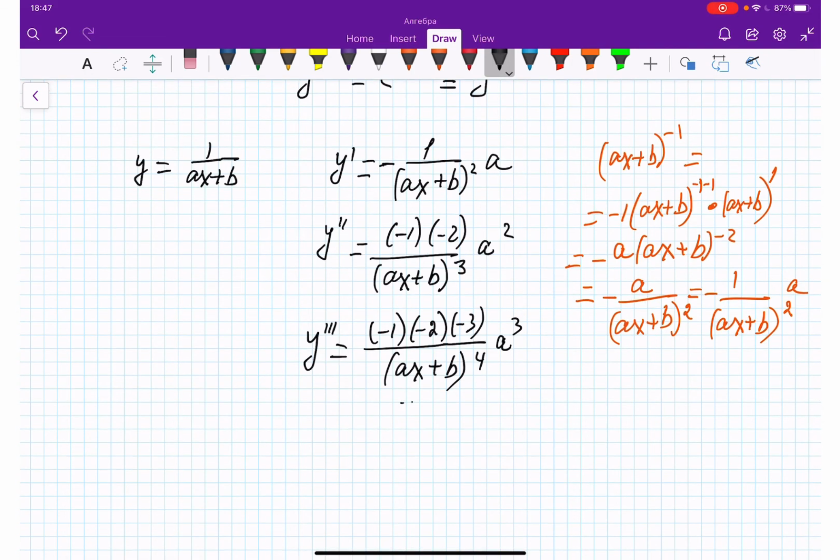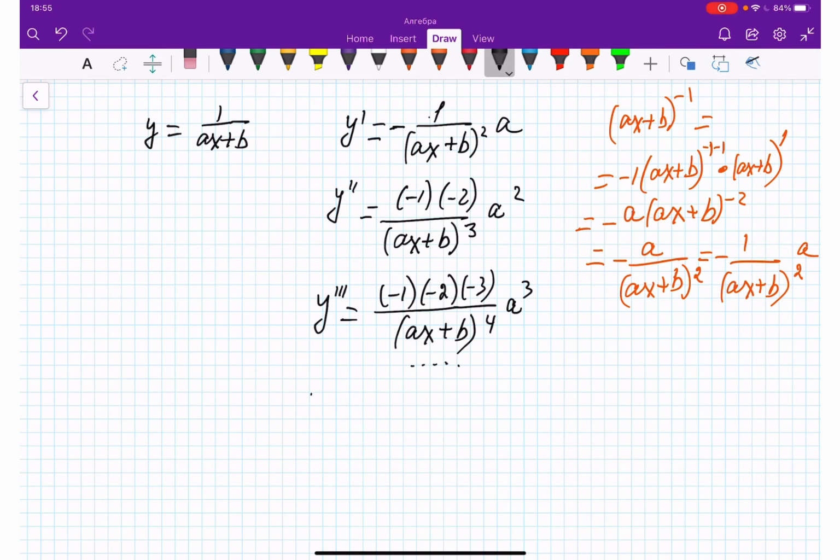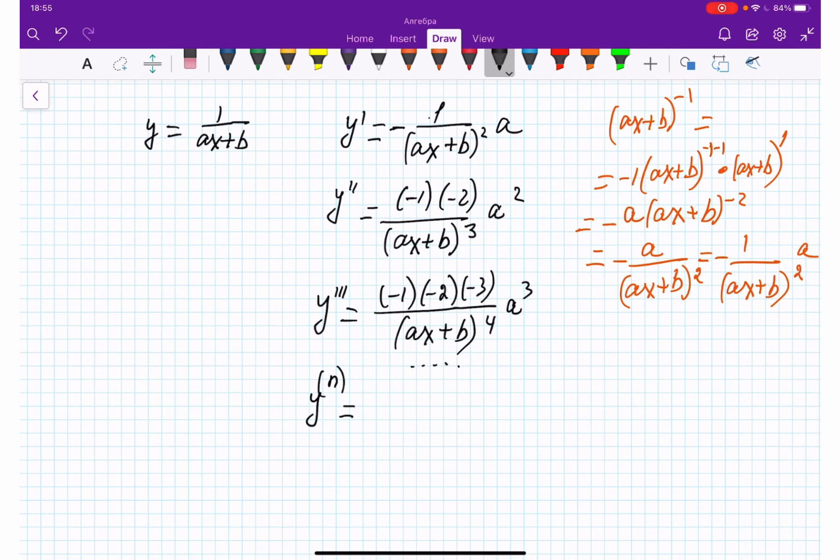Okay, and this way, looking at this pattern, we can say the derivative of y to the degree n, which is nth order, is going to be equal to, let me write down the original problem, 1 over ax plus b, the derivative of this problem to degree n.